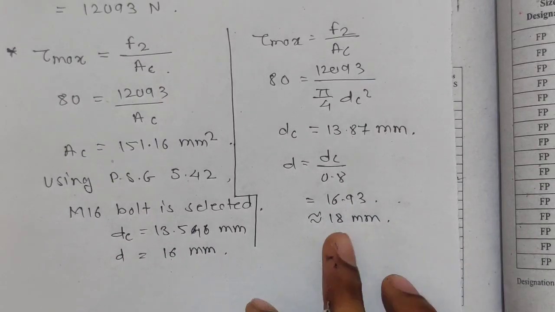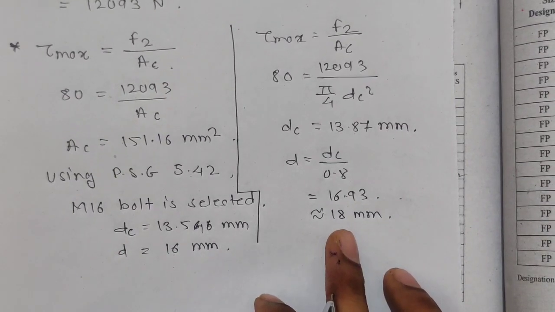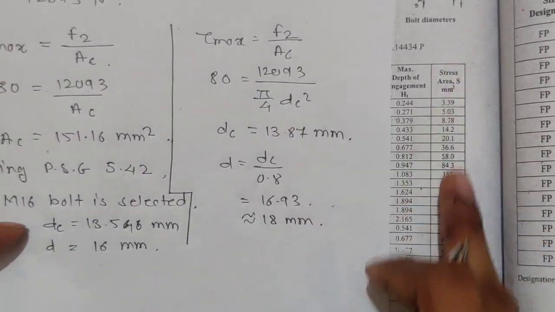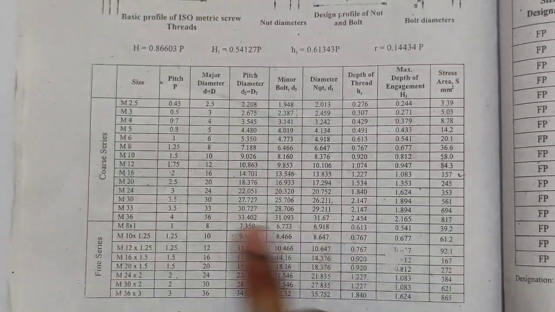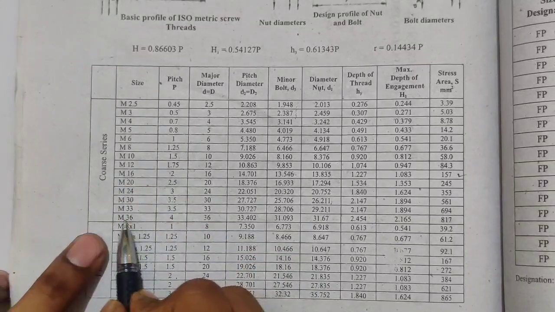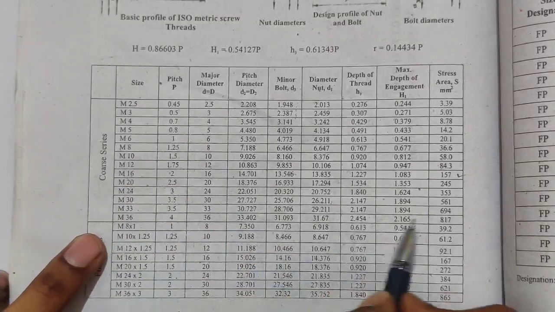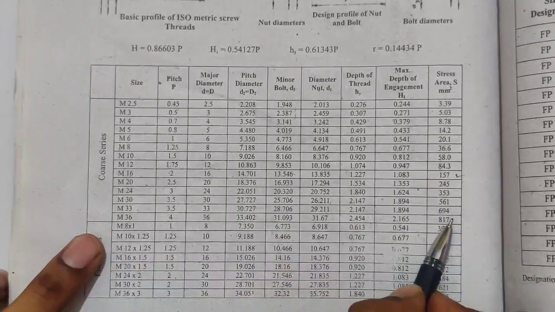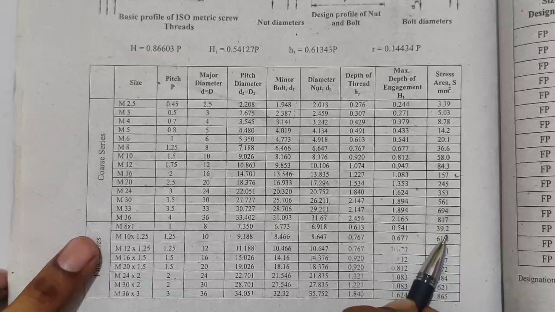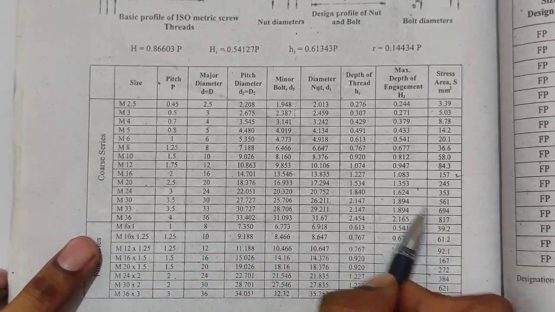Then too you have to select the standard bolt size. When to use this method? When you look at the area value in the coarse series, the maximum bolt is M16 with area 817. Sometimes the area you find is over this 817, so you won't have any bolt available.